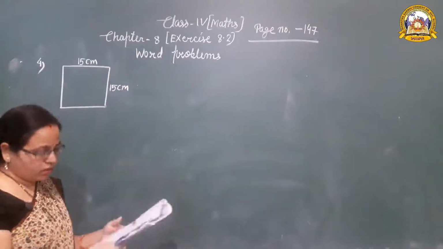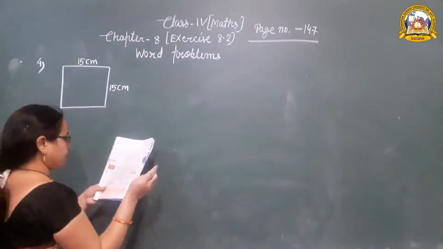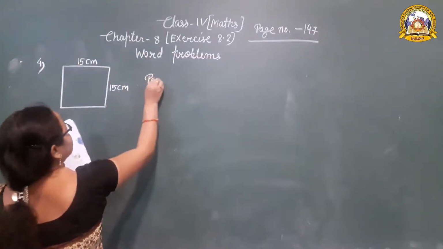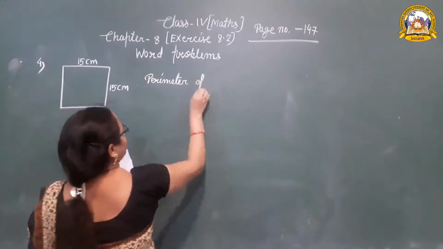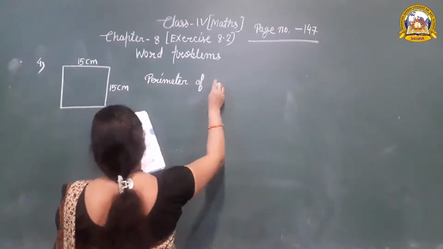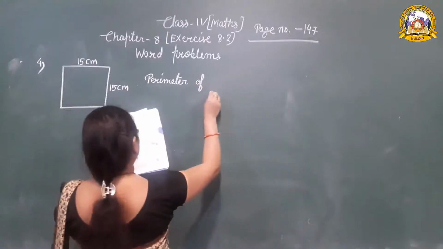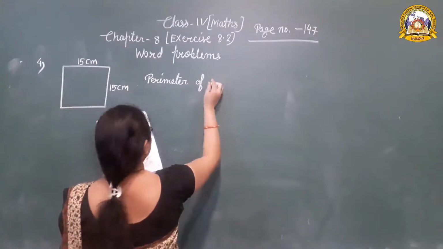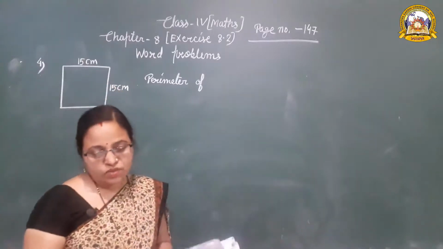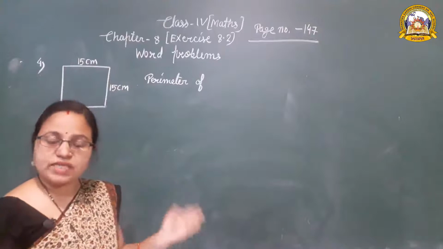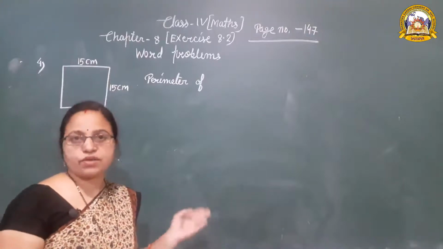Is that clear? Okay. Now, first we find the perimeter of the handkerchief. The handkerchief is in which shape? In the square shape. That is why first we find the perimeter of a square, or we can say the perimeter of the handkerchief.